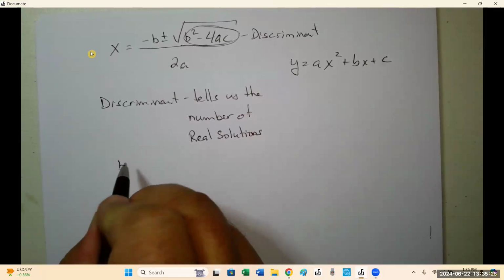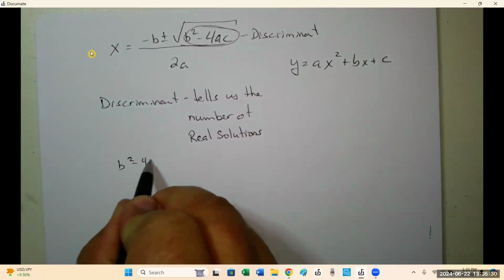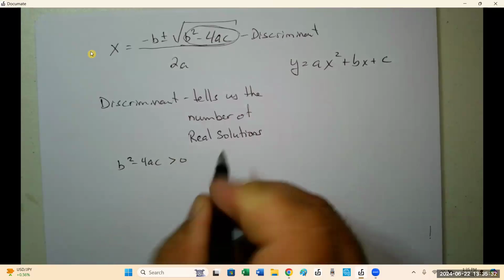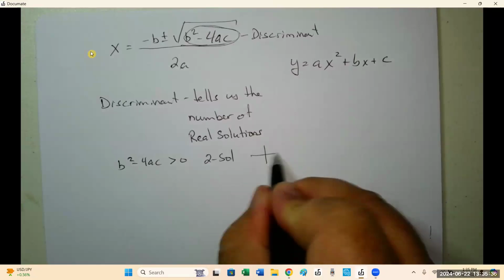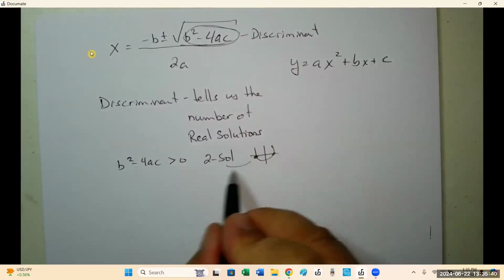Because if b squared minus 4ac was positive, then we'd have two solutions.